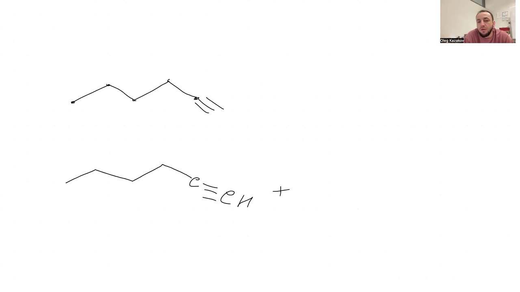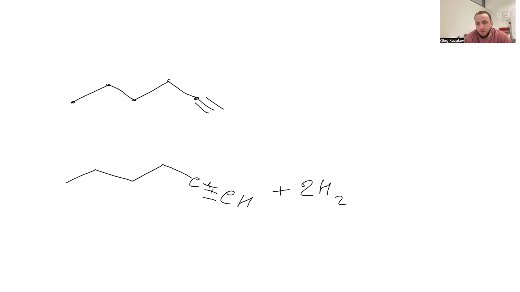Let's imagine we're going to add for each pi bond. You can add H and H, and another H and H, right? So for each pi bond, you can add 2 H's. Theoretically, for an alkyne, in terms of hydrogenation, you can add up to 4 H's, which is conveyed by 2 H2 molecules.